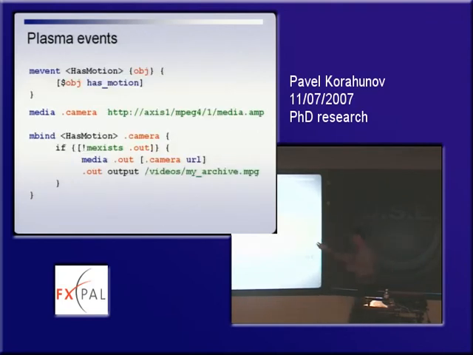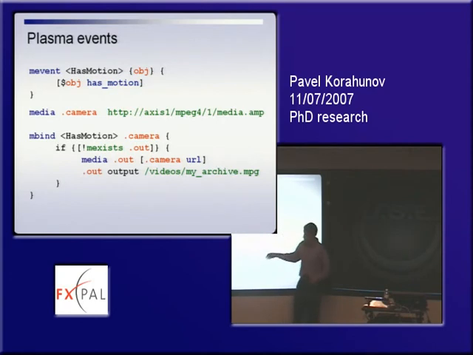Events are similar to Tk events. You define an event, for example has motion, and for the object passed to this event, it will check whether it has motion. We create the object camera with a stream from an Axis camera, and then you bind this event to this camera object.